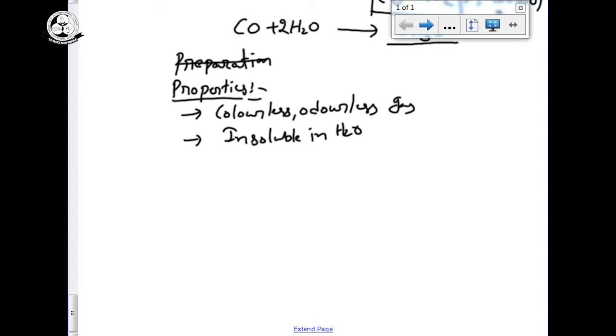Carbon monoxide is used as the best reducing agent in the metallurgical process.